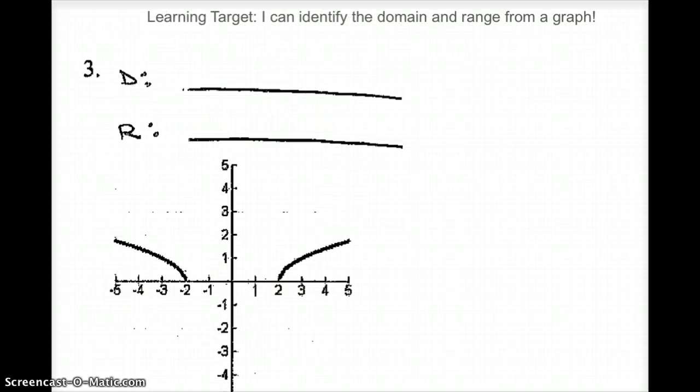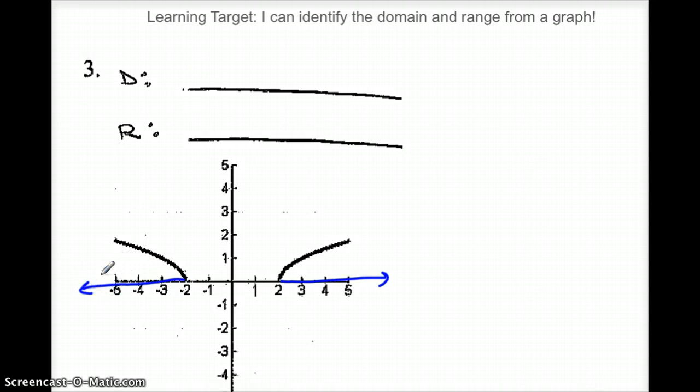This next one is a cool one. Left to right, so I'm thinking about the domain, I've got this gap here. So at 0 or -1 or +1, I couldn't put my finger on this weird looking graph. I could only put my finger if x's were -2 or smaller, or +2 or bigger. So I'm actually allowed to split up my domain into 2 parts.